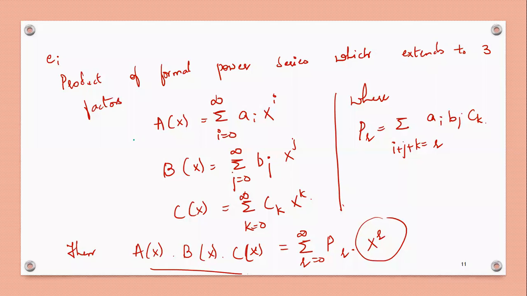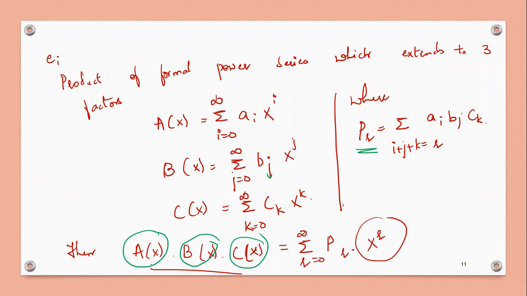That is, this term pr into x power r in the product is obtained by taking any one term ai x power i from a of x, any one term from b of x, that is bj x power j, and any one term from c of x, that is ck x power k.